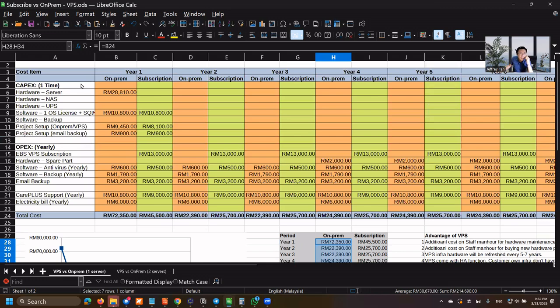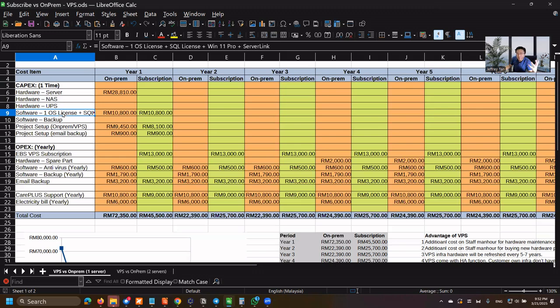So you can see these are the items. The first part here, we call it CapEx, capital expenditure. Server hardware, storage for backup, power, the UPS, and then the licenses like operating system, SQL accounting, SQL database, things like that.